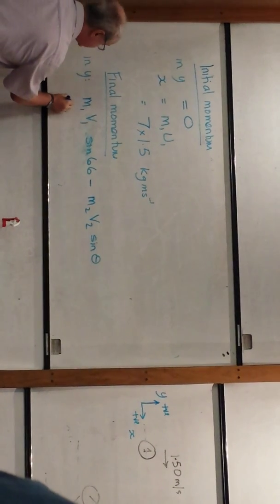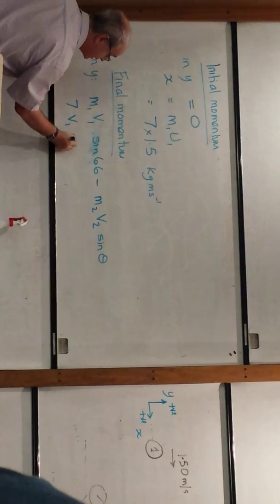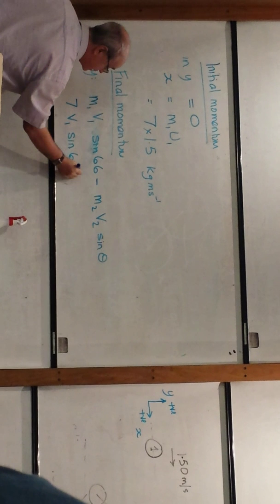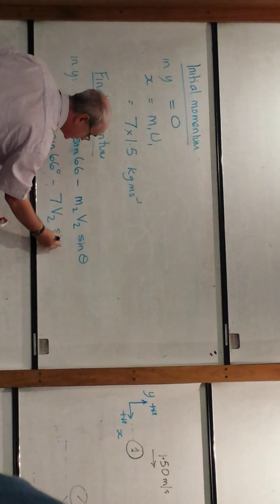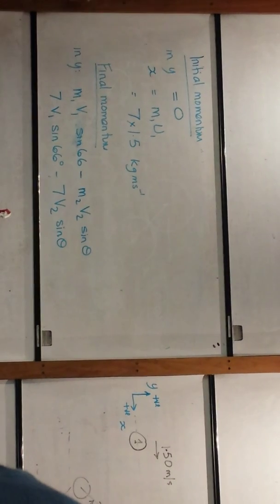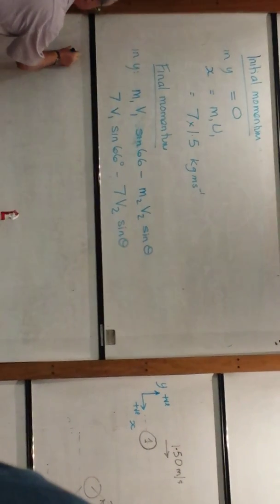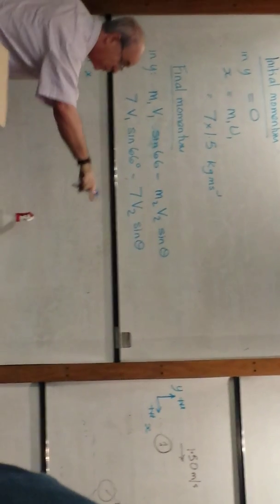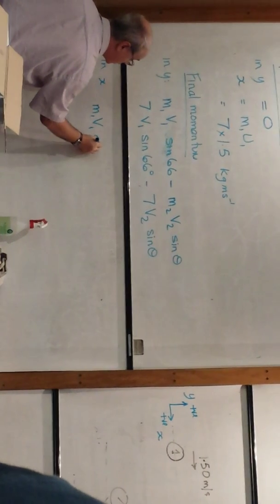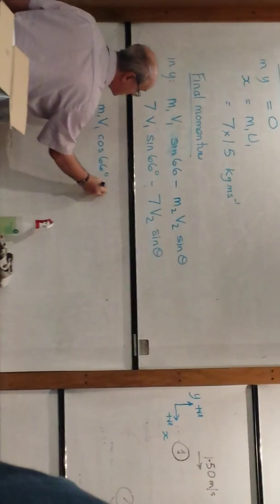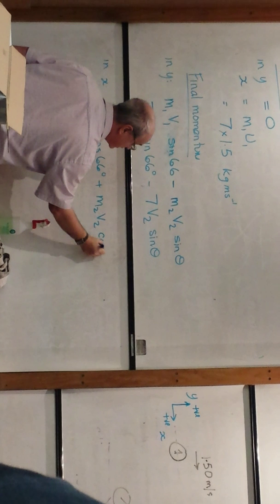So I can say that is 7 v1, and I'm going to leave this as sine 66 degrees for the time being, minus 7 v2 sine theta. So that is the final momentum in y. In x, they're both positive, so I have m1 v1 cosine 66 degrees plus m2 v2 cosine theta.